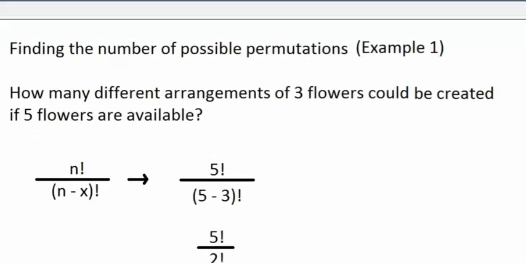Now, let's imagine that I asked you how many different 3-digit ID numbers could be created from 9 digits. If I asked you that, it would be this same formula.